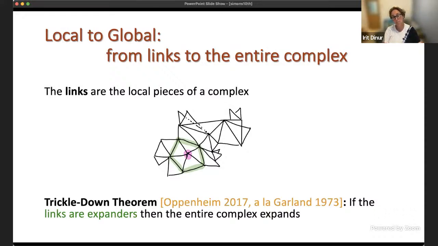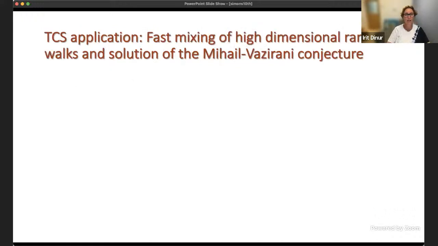And for me and other people like me, if you're used to thinking about PCPs and property testing, where you try to understand a global object by looking at local parts of it, high-dimensional expanders seem like a wonderful gift, because they're very different from things we know, and yet they have this property, and you feel like, wow, this must be useful for something.